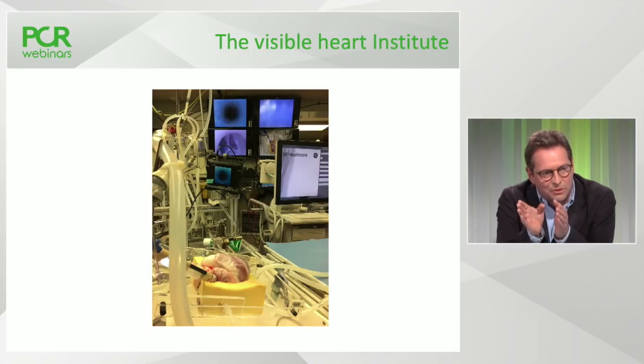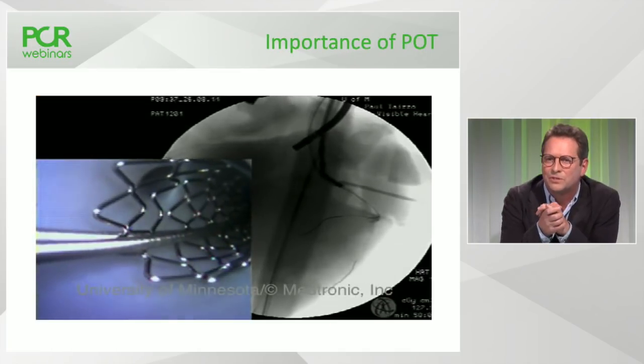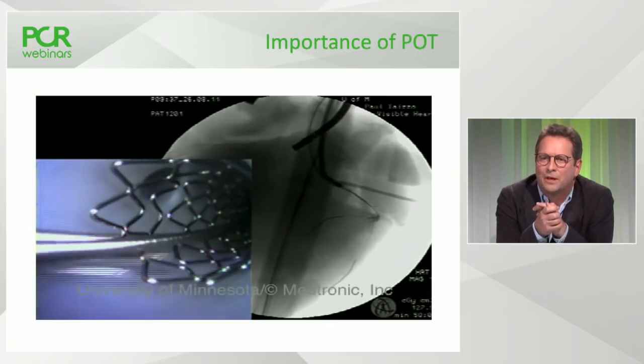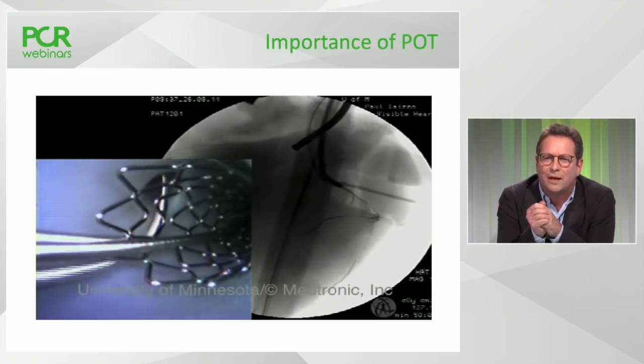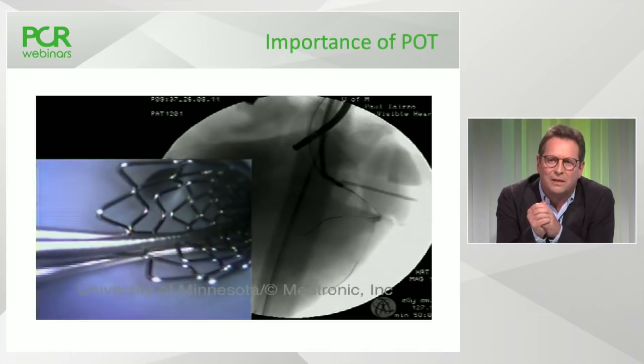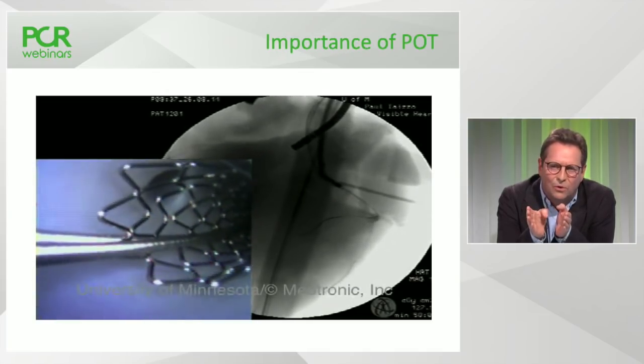This is such a video we will see now, which explains very precisely what happens. You see the angiogram on the right side, and you see the online video within the bifurcation in the coronary arteries.